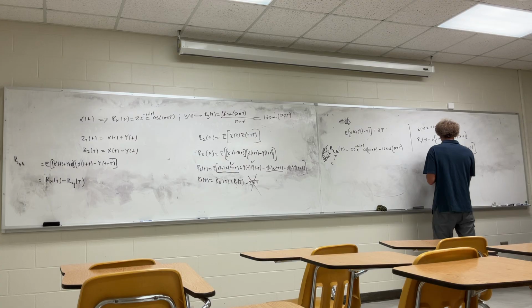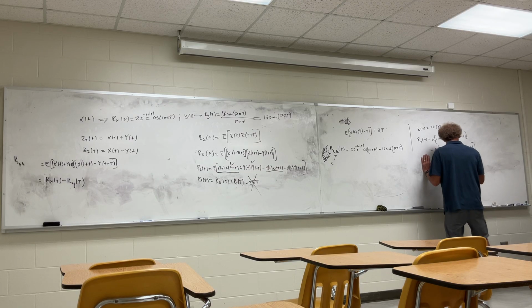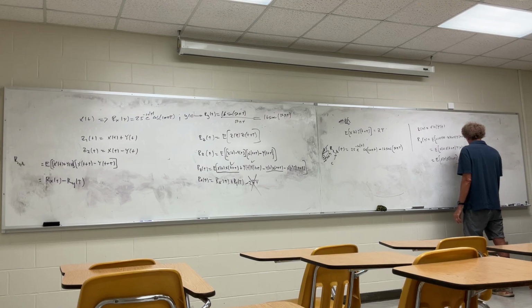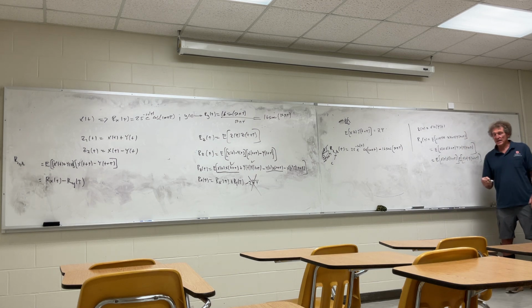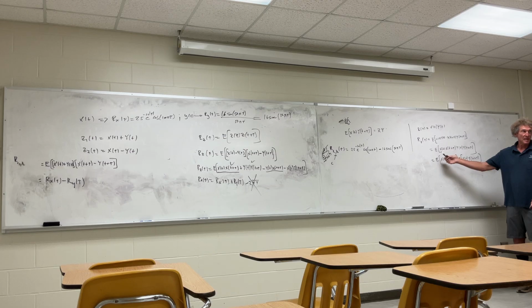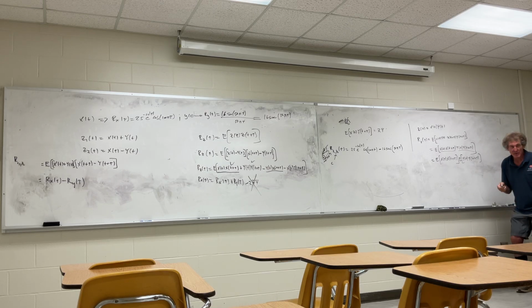If I look at this, isn't this the expected value of x of t plus tau times the expected value of y of t times y of t plus tau? First, do you agree with that? That expectation operator would move through that product, and the reason I can do this is independence. Do you agree with that? I don't know how he does it, because you can mess around with this and do some pretty wacky things if you want. But what is this?